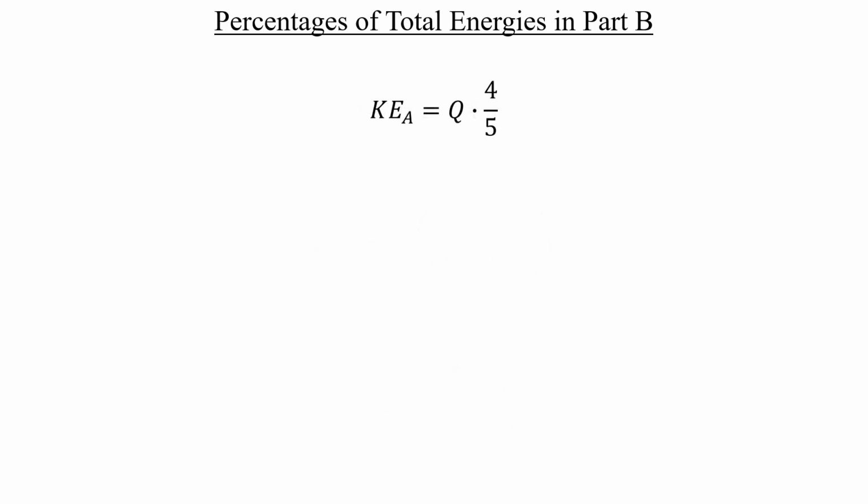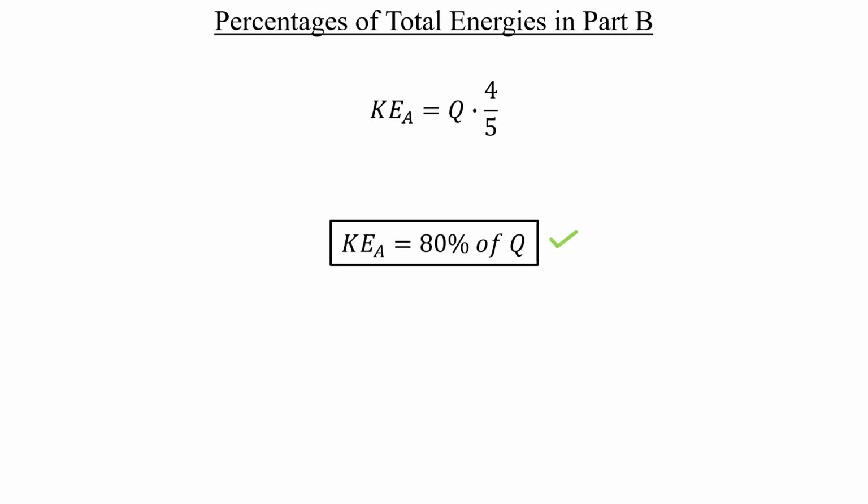The percentage equivalent of 4 divided by 5 is 80%. So this means that the lighter piece, fragment A, will inherit 80% of the energy from the explosion. And this leaves the remaining 20% for the more massive piece, fragment B.